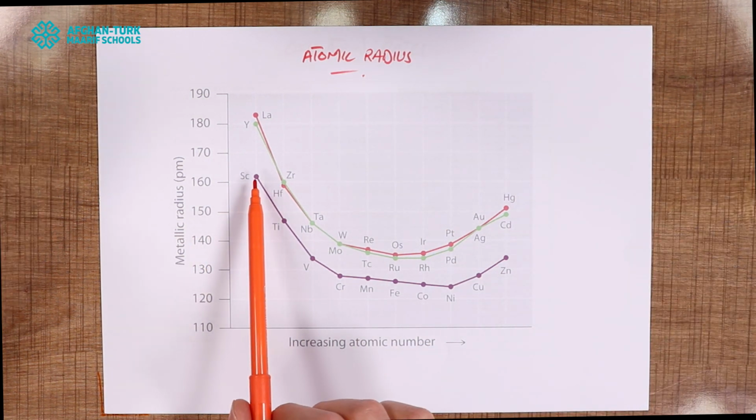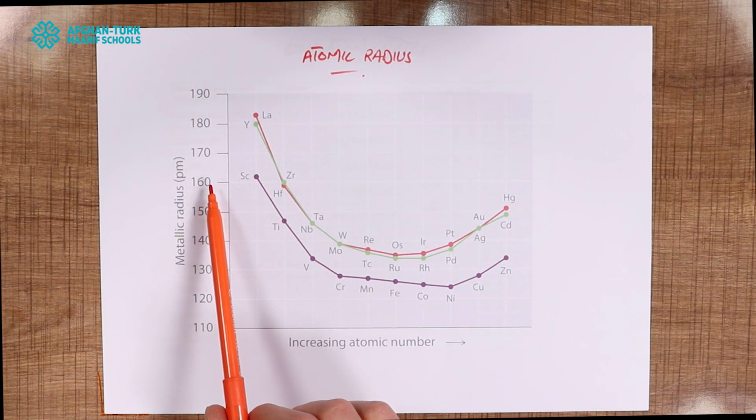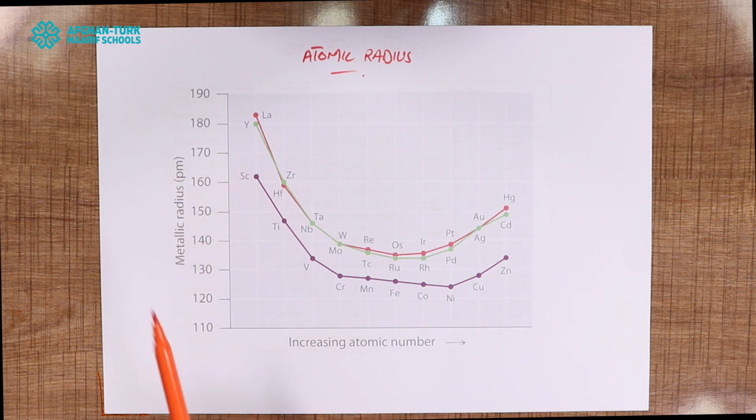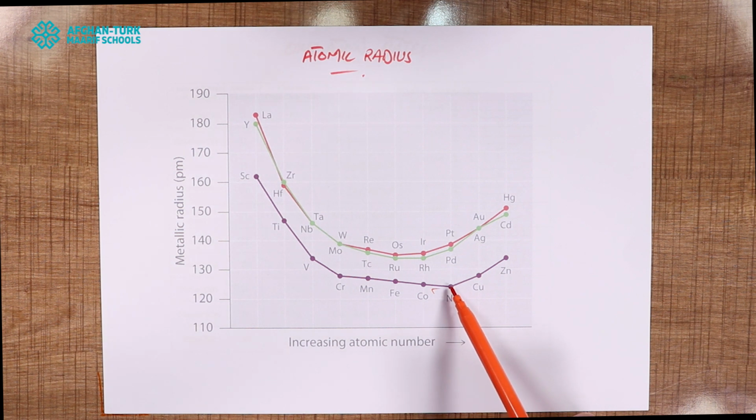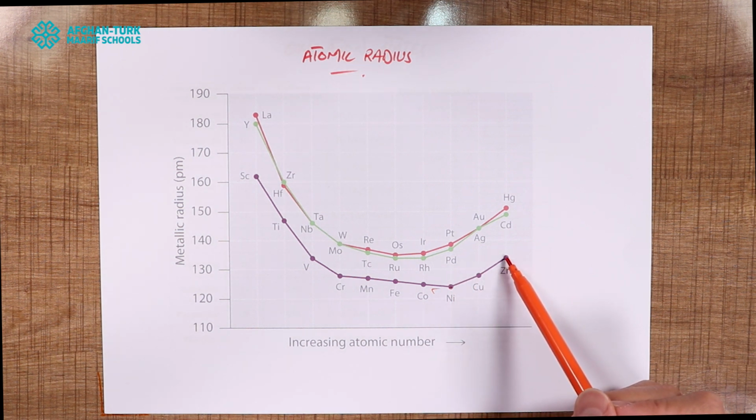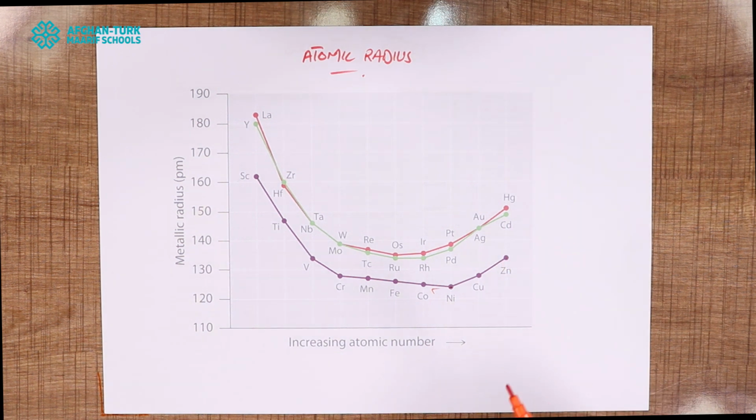So metallic radius in scandium is 162 picometers, and in nickel it's between 120 and 130, so it must be 124 picometers, the metallic radius. And then in zinc, it's again going high. It's around 134 picometers. Why is this happening?